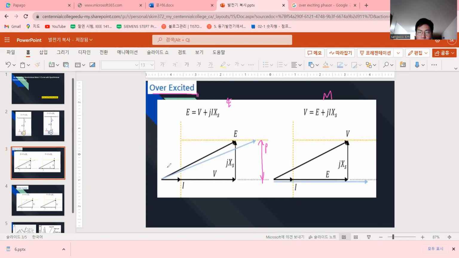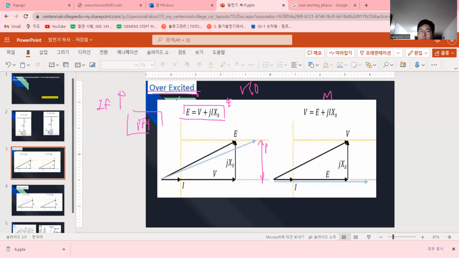First of all, look at that. This is the power factor of one. This is the black line. The standard is V, so V is the reference. And then we make this E. Overexciting means we increase IF, right?